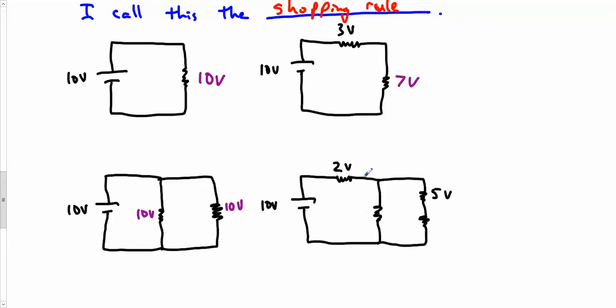How much will I spend in that store before I go back to see my Mom? I'm going to spend 8 volts. Mom gives me 10, I spend 2 here, I spend 5 here. How much am I going to spend here? 3 volts. Notice that 8 and 8 on both different paths. That's the voltage law, or what I call the shopping rule.